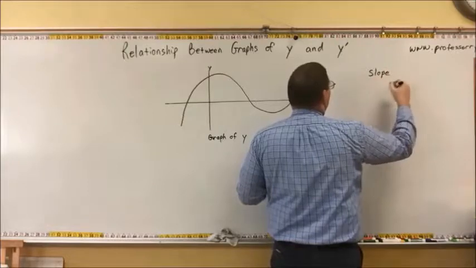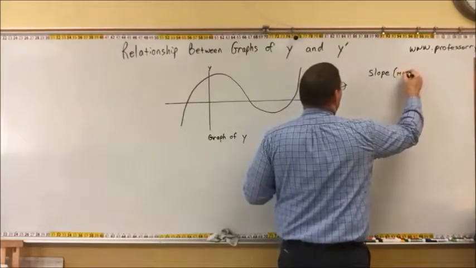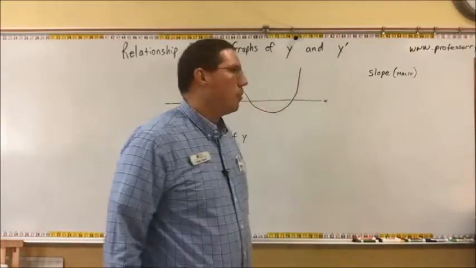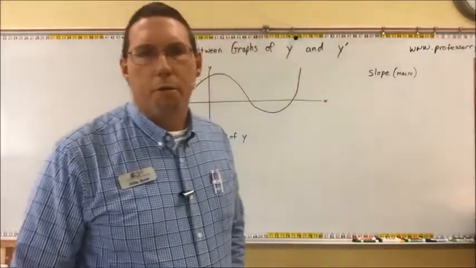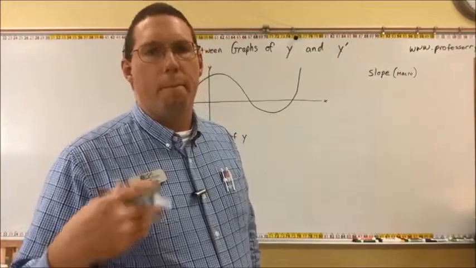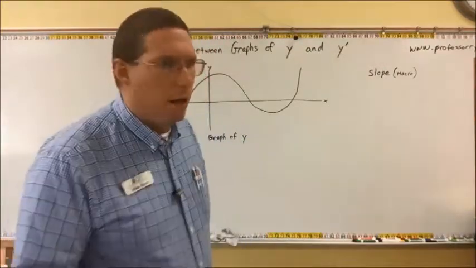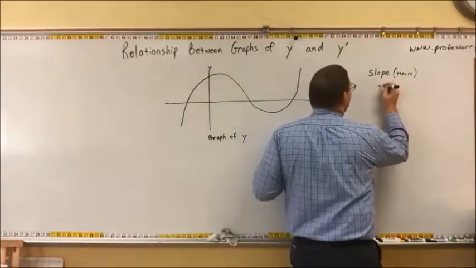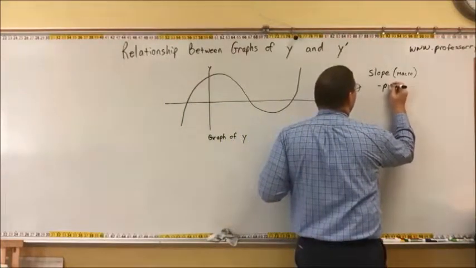I'm going to call it the macro slope. When I say macro slope, there are 3 possibilities. The first is that slope can be positive.